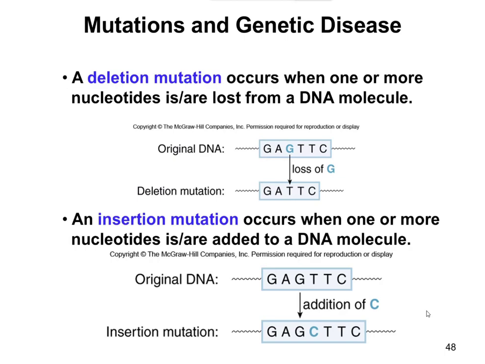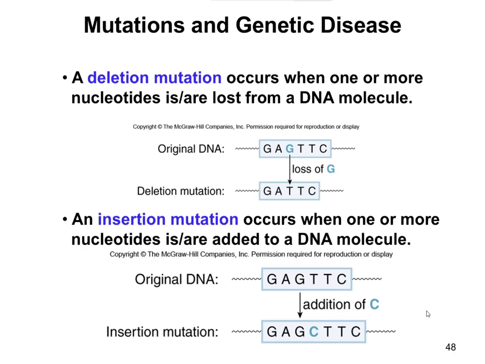So point mutations are one type. You can also have deletion mutations, where you actually just have a nucleotide that is lost, and insertion mutations, where you have a nucleotide that is added. These insertions or deletions tend to be pretty severe whenever they occur within a coding region of a gene. When I say a coding region of a gene, I'm talking about a part of a gene that leads to the production of protein.